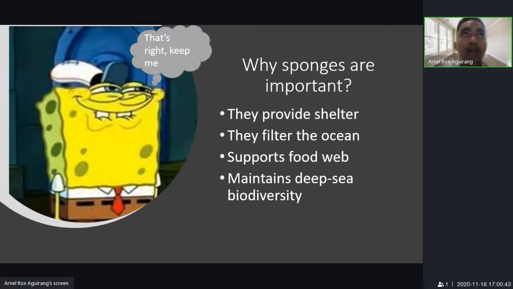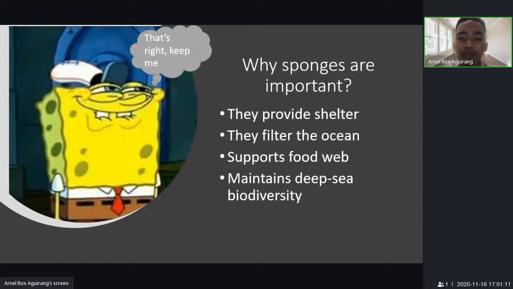Organic compounds that could harm fishes, like decaying body parts of animals, are filtered by them. They also support the food web, in a sense, as decomposers.